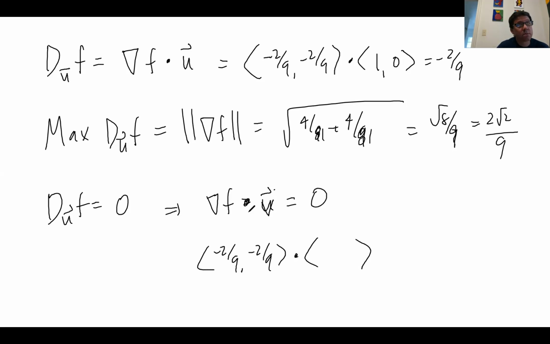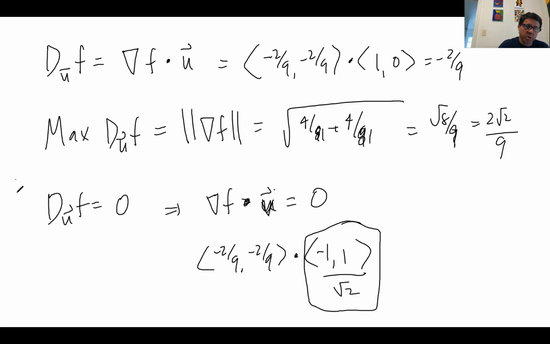So anything that causes this to be 0, which means something like -1 and 1, they have to be opposite signs and they have to be the same value. So divided by 2, that's probably it. Or -1 divided by 2. So I think one person got that.